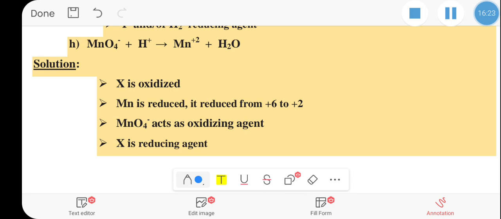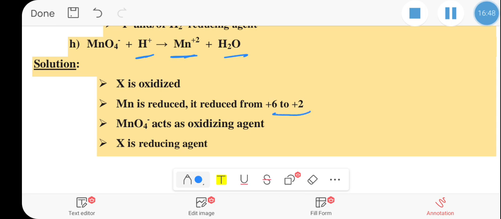H. Permanganate ion reacts with hydrogen ion to produce manganese plus 2 ion and water. Now in this case, manganese is reduced from plus 7 to plus 2.